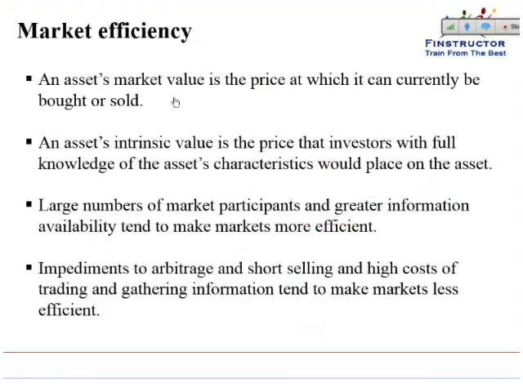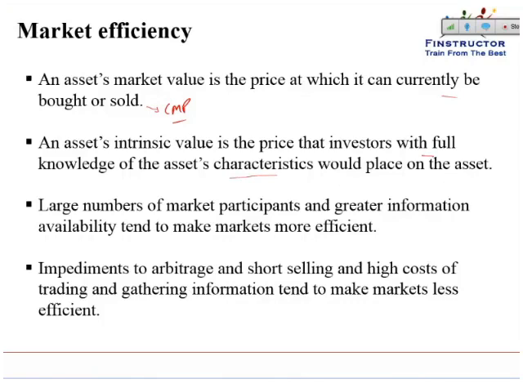An asset's market value is the price at which it can currently be bought or sold. So this is the current market price, also known as CMP. An asset's intrinsic value is the price that investors with full knowledge of the asset's characteristics and cash flows would place on the asset.